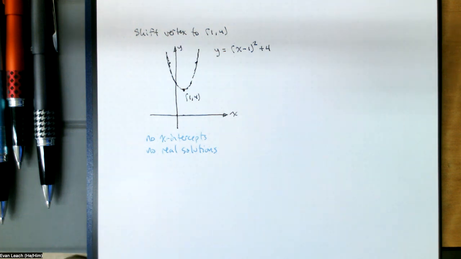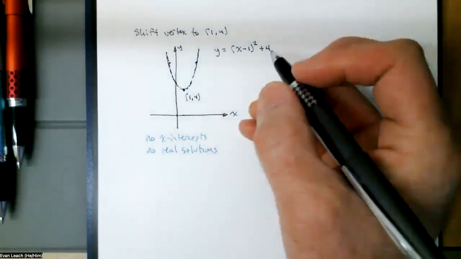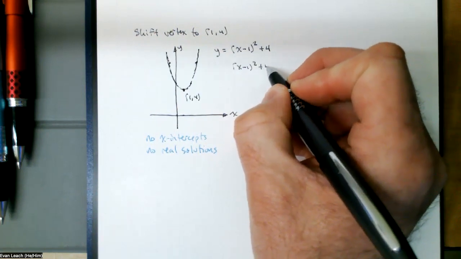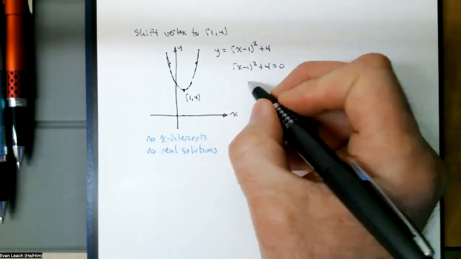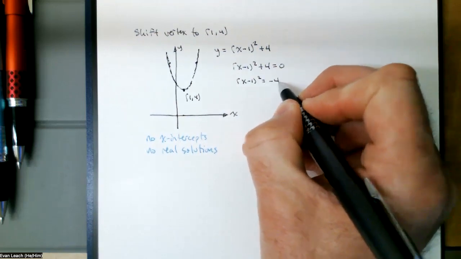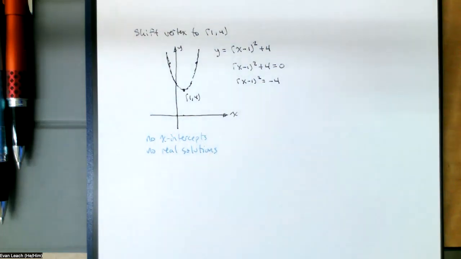Now, if we set this equation equal to 0 and look for the zeros of the function, so x minus 1 squared plus 4 set equal to 0, I'll subtract 4 from both sides. Then take the square root of both sides.